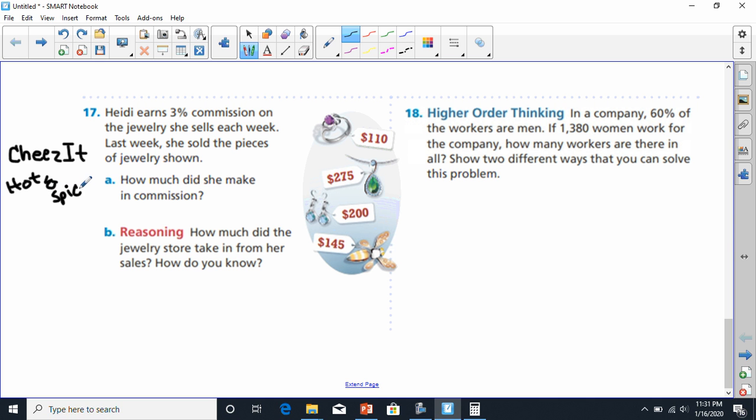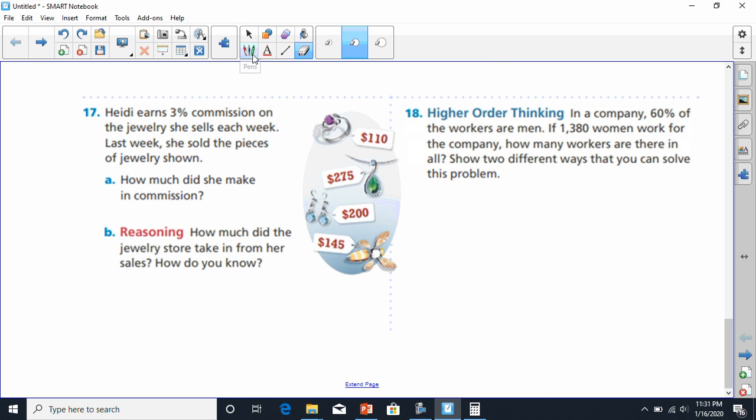So if you write that code word down on your paper, you're sure to get a treat from me. And you erase it so anybody that is just skimming through the video doesn't catch it.